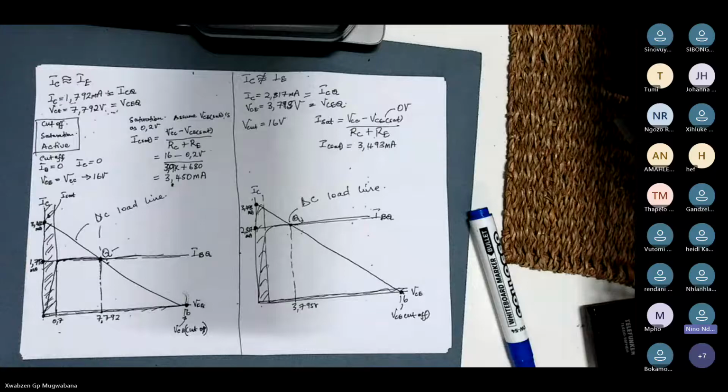Sir, I have a question. If we are doing condition 1, where IC is equivalent to IE, we need to do the first part that we did of the characteristic curve. And if we are doing the second condition, where IC is not equivalent to IE, we need to do that second part that you did, sir.